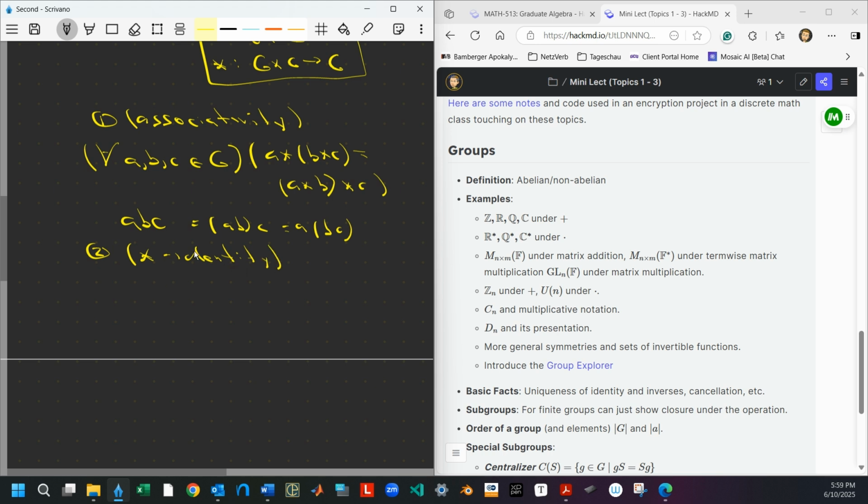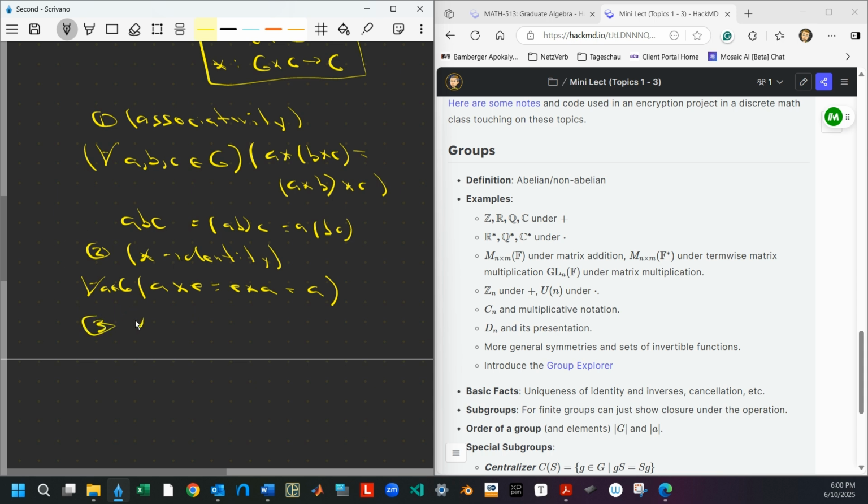This axiom is different because it says something exists, namely this E. It says that for all A in G, A star E equals E star A equals A. You need both of these. You could have a setting where A star E is equal to A, but E star A is not equal to A. So you could have a right identity or a left identity that's not both. Here we want a two-sided identity.